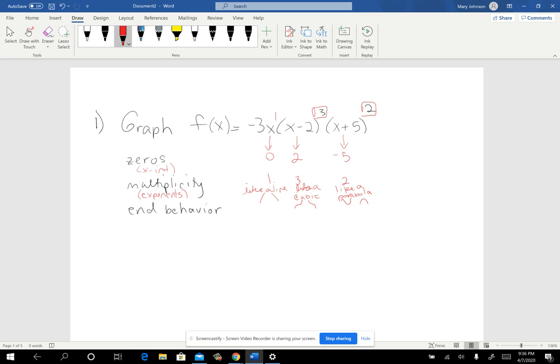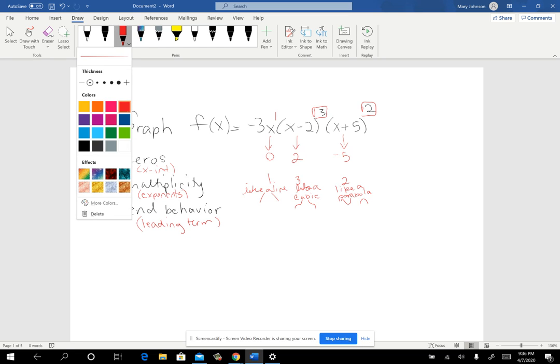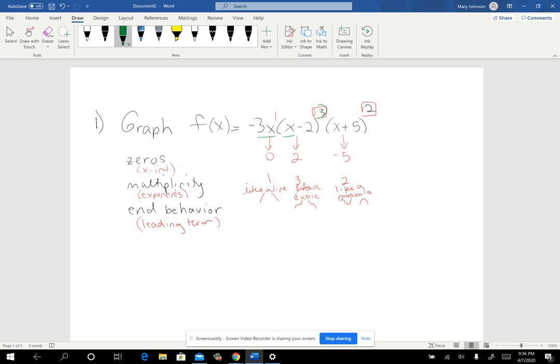For this, you really need the leading term, and that is not obvious when it's in factored form. So you have to figure it out. You need to take all the firsts, all the beginning parts of this, including the exponents. And what you're thinking about is what would happen if I were to multiply all of these things out.